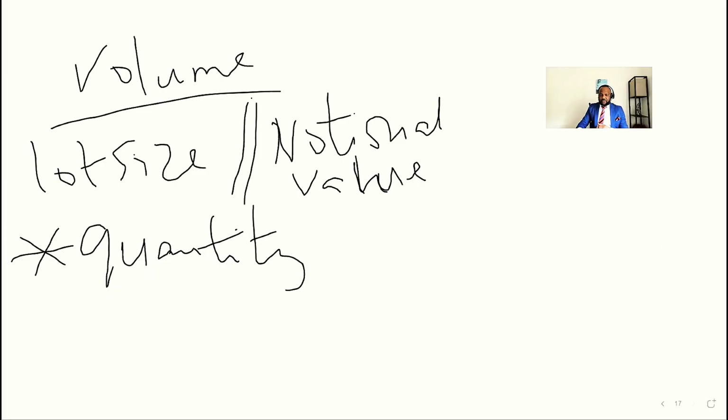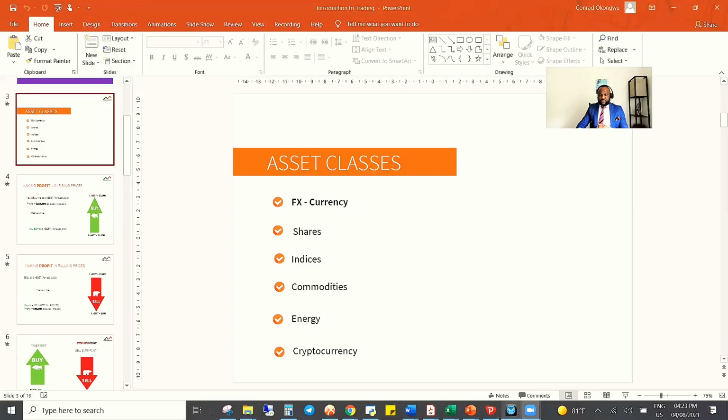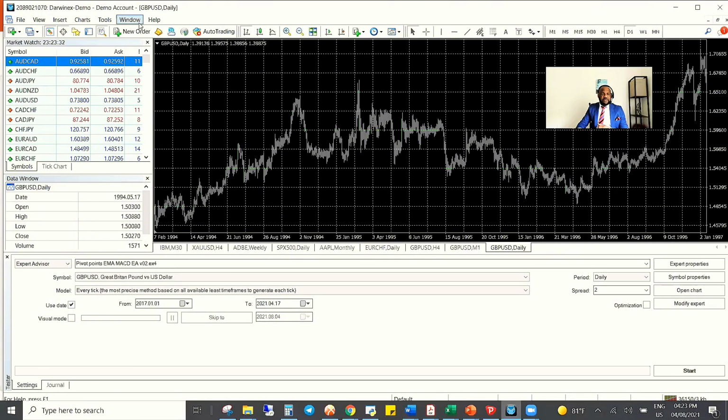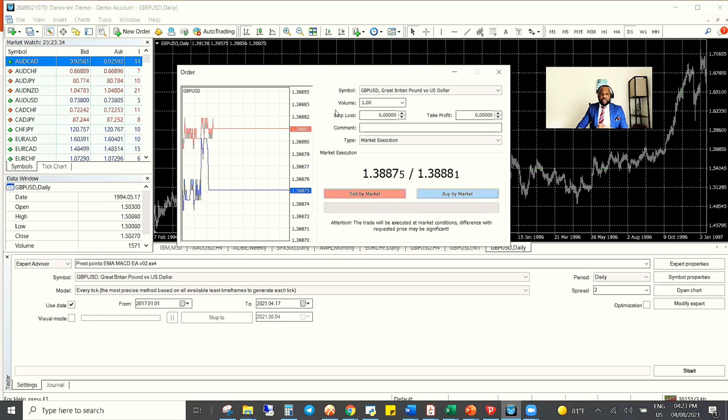Like if you go to MT4, let me show you MT4 now. Some of you who have MT4 already on your platform, you will see lots there. Is it volume they put on MT4 even or lot? New order. You see volume. The MT4 calls it volume. See, volume. Currency symbol, GBPUSD, volume, stop loss, take profit, buy. So before you place a buy or sell position, you need to set your volume, your stop loss, and your take profit before you click sell or buy.